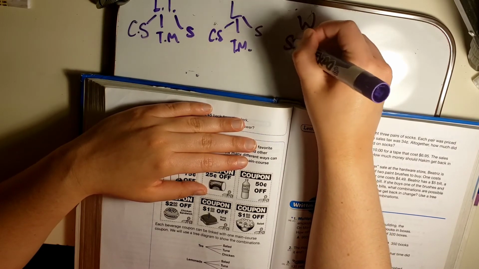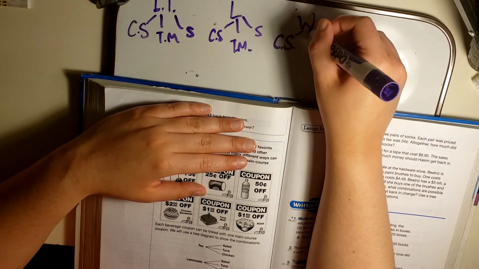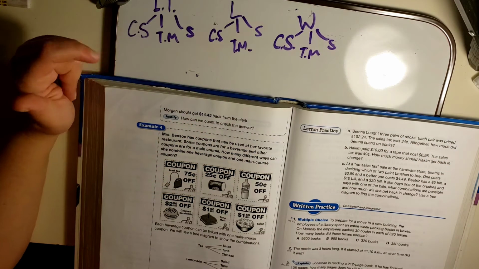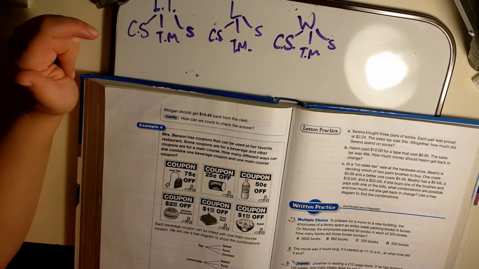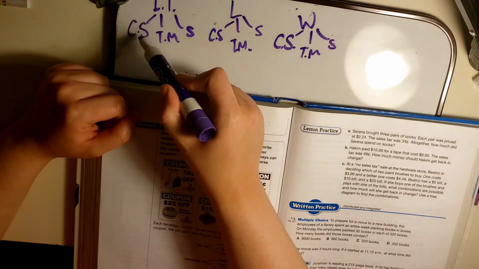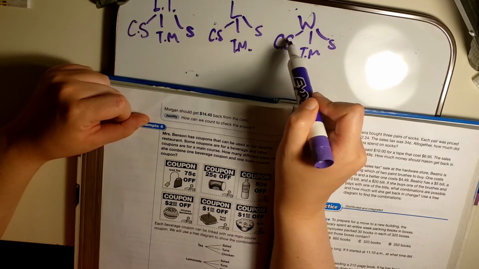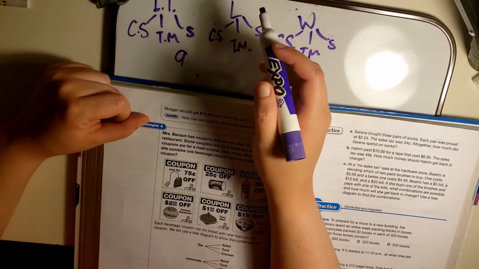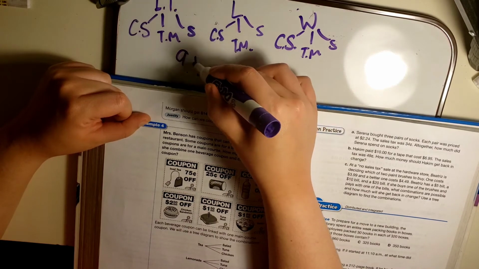It can go with chicken sandwich, tuna melt, and salad. So, how many different ways can we combine one beverage coupon and one main course? So we have 3, 6, and 9. So our answer is 9 ways.